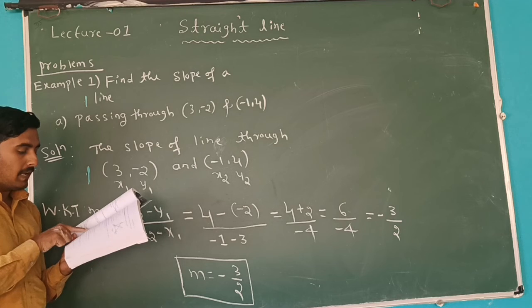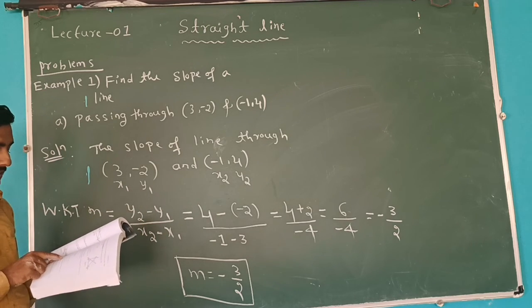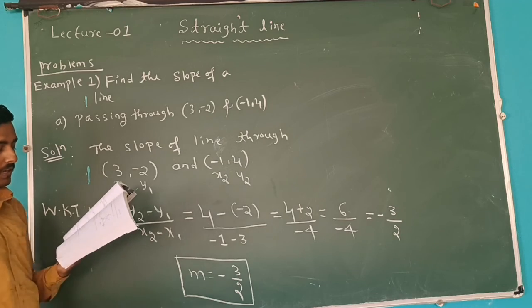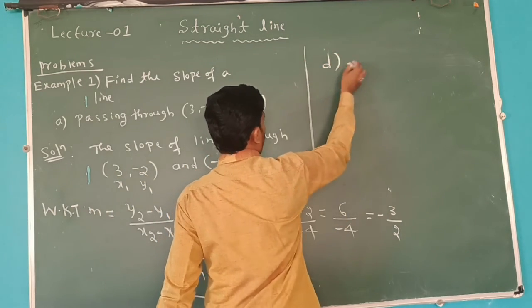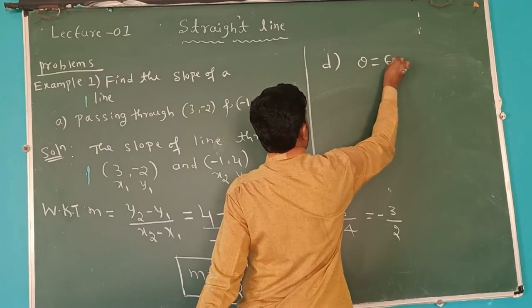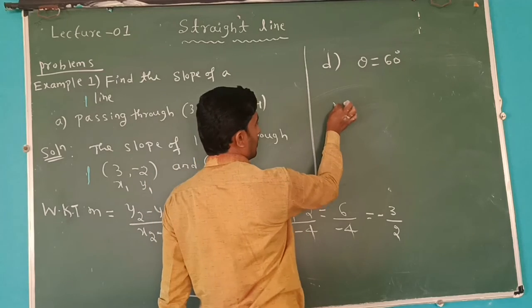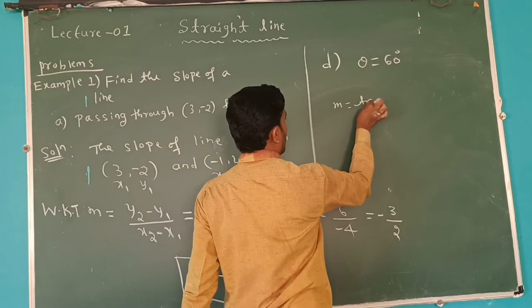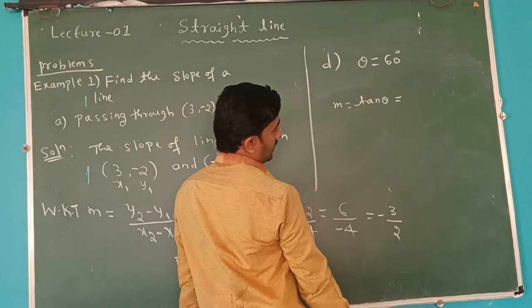What is that one? Find the slope of the line making an inclination of 60 degree with the positive direction of the x-axis. Okay, so this is D. What is theta given there? 60 degree. Suppose the angle is given, then what is the slope? m equal to tan theta.